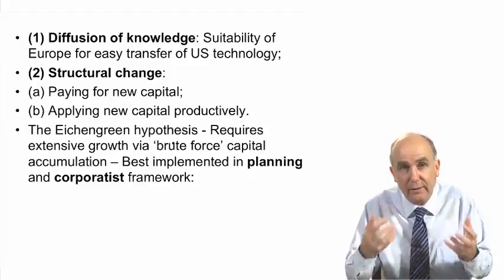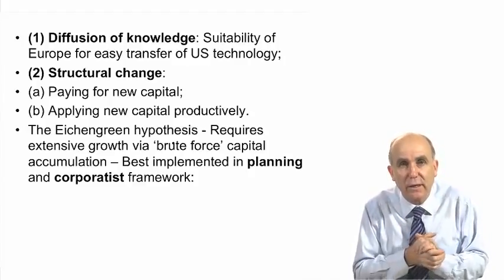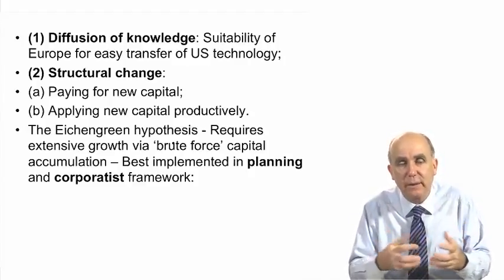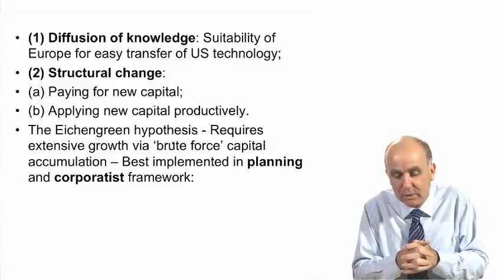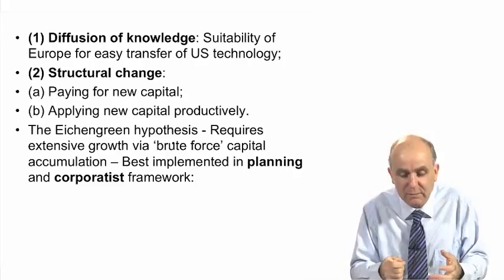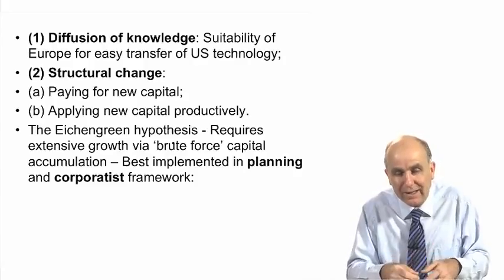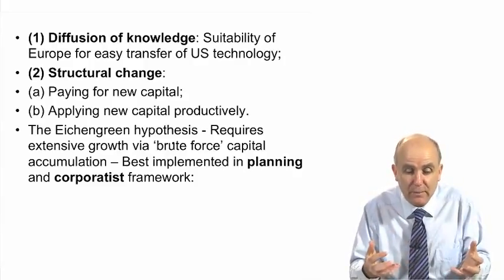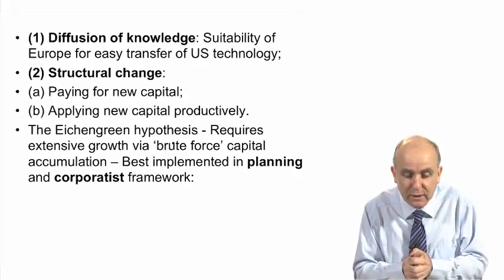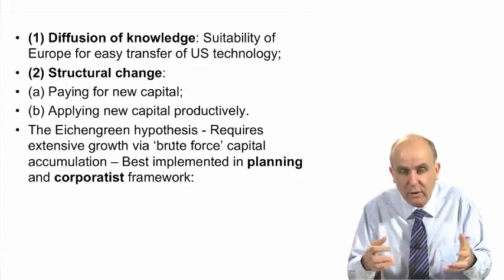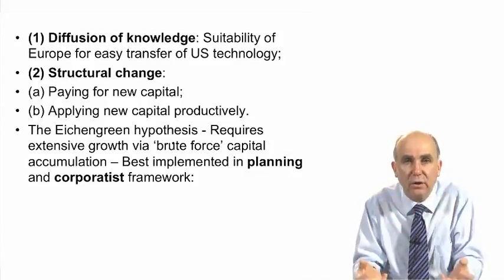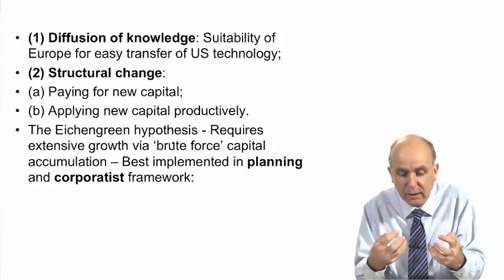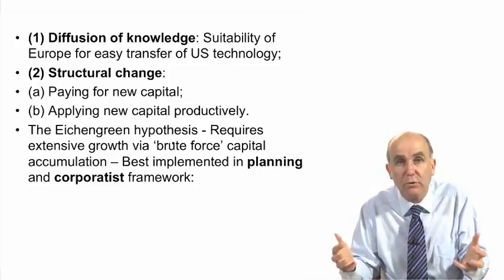Barry Eichengreen, a major economic historian, has been particularly influential in suggesting that Europe was particularly suited in this period for accomplishing this type of structural change. This structural change was about what Eichengreen describes as extensive growth, that is bringing in lots of new capital equipment via brute force.